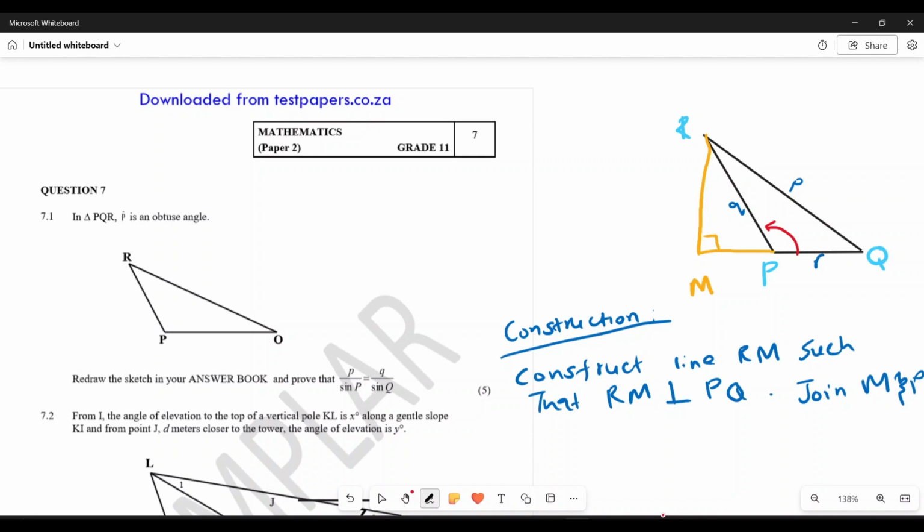So now, basically, in order for me to find this angle here, which is angle RPM, this is the same as 180 minus P, right? Remember, because this here was angle P, right? So let me just try and write that. 180 minus P, the angle here, this is my angle RPM.